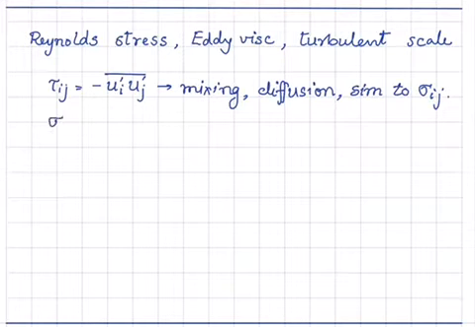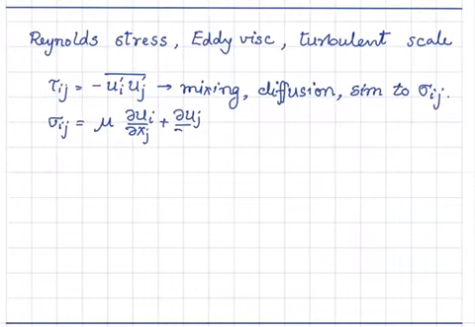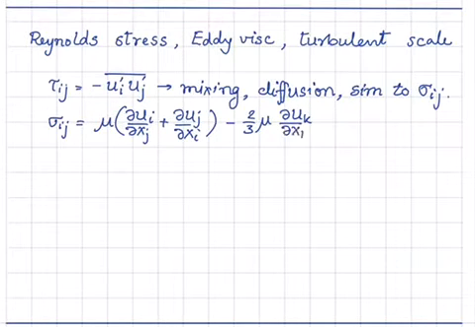Let me write that down first. Sigma ij we know as mu, a viscosity, times dui dxj plus duj dxi, minus 2/3 mu, the dilatation or divergence of velocity, written in tensor form as duk dxk. k is a repeated index, so it's a summation over 3 derivatives, times delta ij.